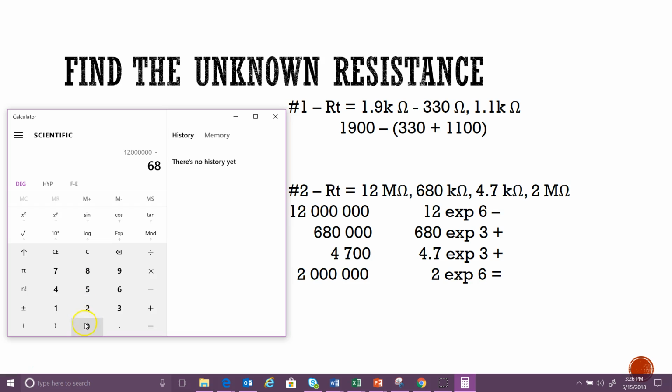We have 680K, a 4.7K, and a 2 meg. That way I don't have to worry about lining up my decimal places and making sure I get all the zeros in the right place. I just use my calculator and make sure to enter my exponents.